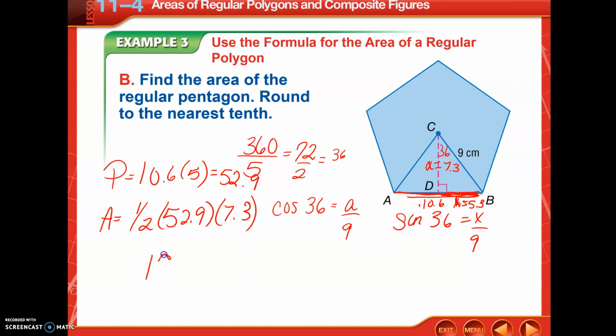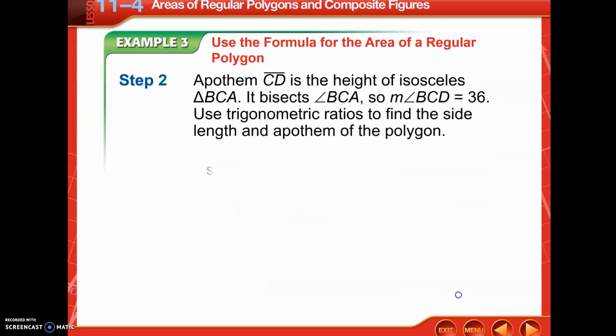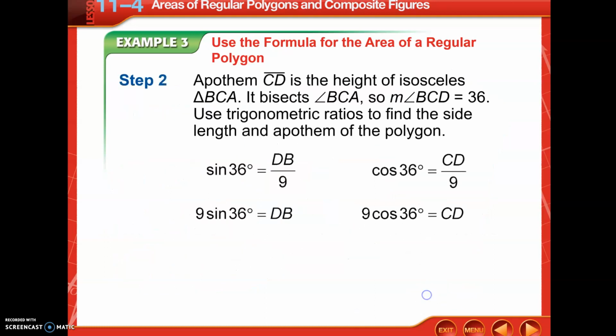And I get 193.1 centimeters squared. So those are just some ways using that trigonometry to find those missing sides, and a little bit with the central angle. So that is the area of your polygon.